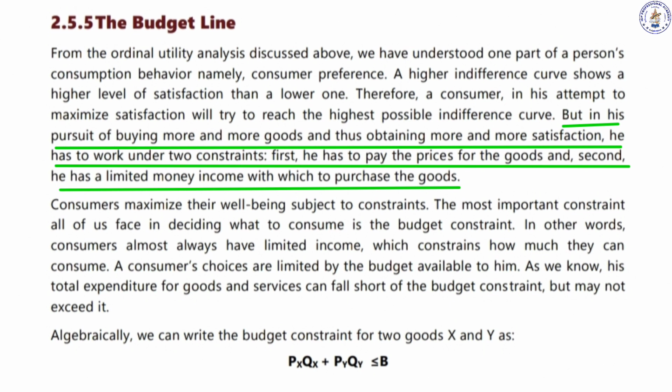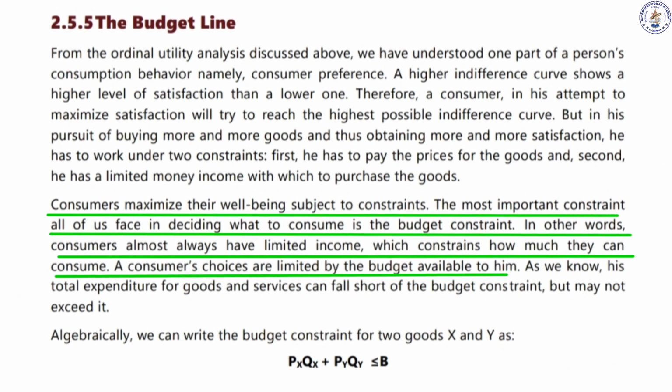And second, he has to see that his income is limited and he has to spend a portion in which he wishes to buy the goods also. So with these constraints, with these conditions, he tries to fulfill his satisfaction.